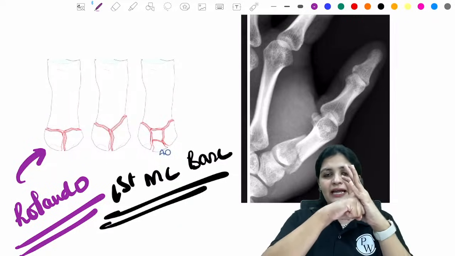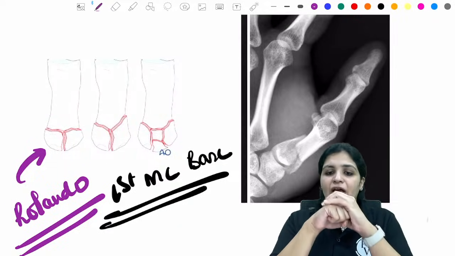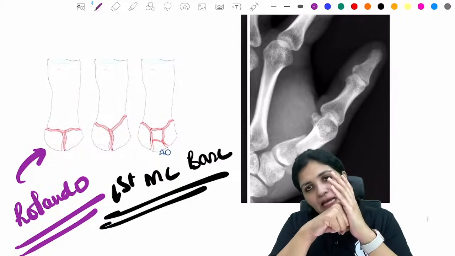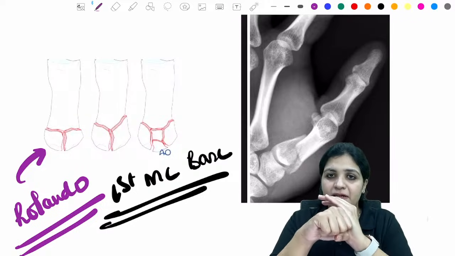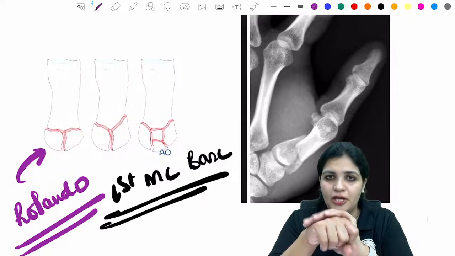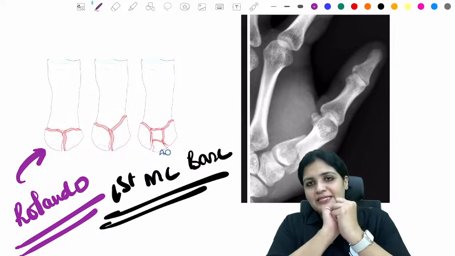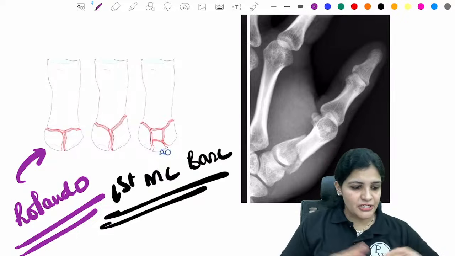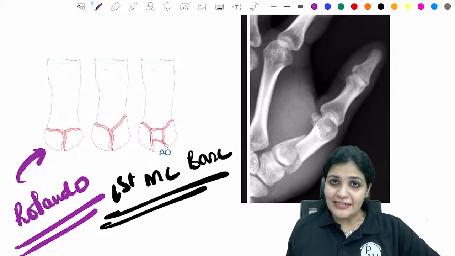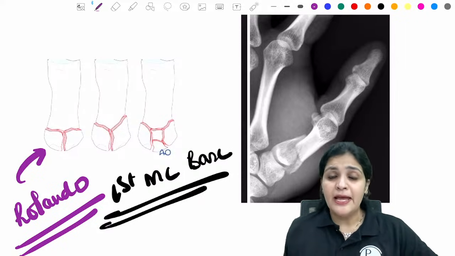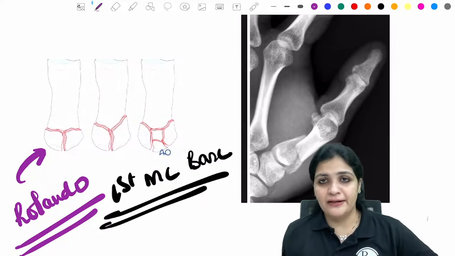In subluxation, some contact is still present. Though the humeral head has come out of the socket, the articular surfaces are still in touch. So that is called subluxation. This is the difference between subluxation and dislocation. If the articular surfaces are still in contact, it is subluxation. Completely out of contact is dislocation.